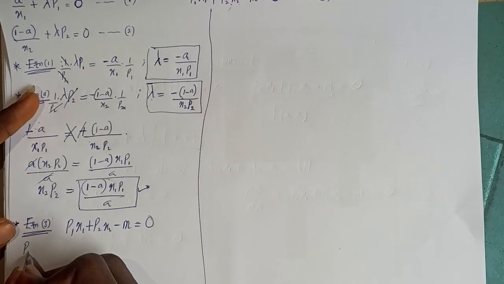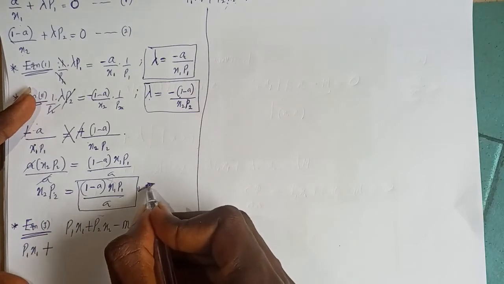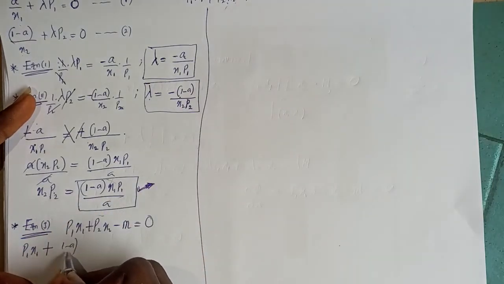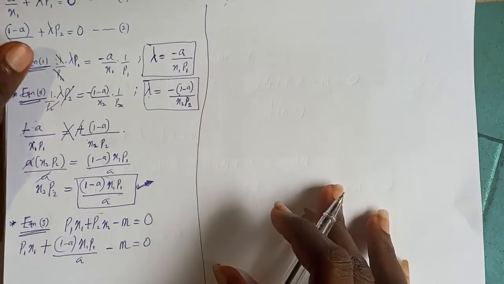So I'll end up having 1 minus a of x1 p1 over a minus m is equal to 0.